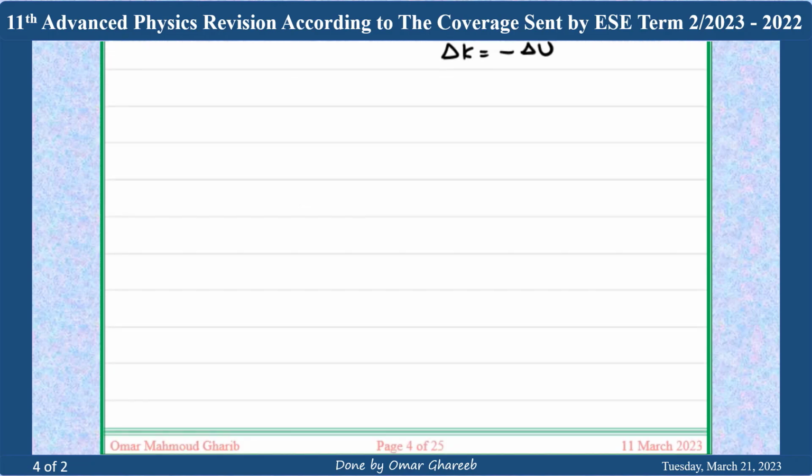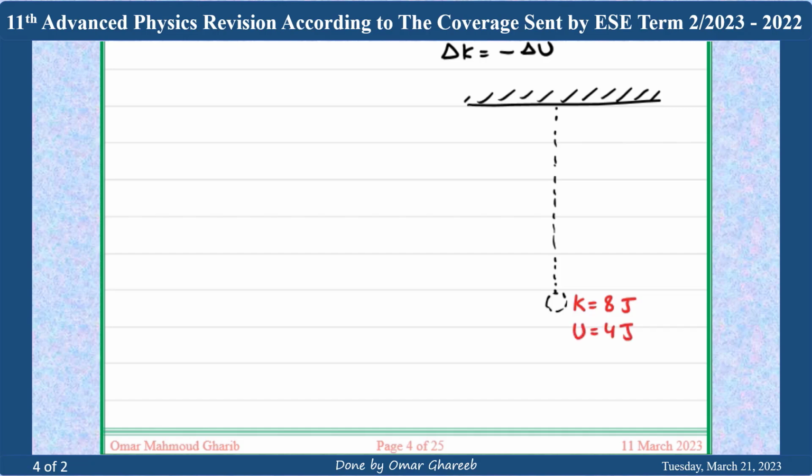Now, let us imagine the situation. Try to draw your pendulum. This is the vertical position, which is the equilibrium position. The question claims that the kinetic energy here is 8 joules and the potential energy is 4 joules. Now, at the highest point, what is the meaning of the highest point?